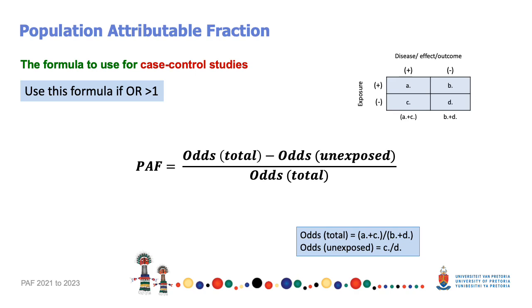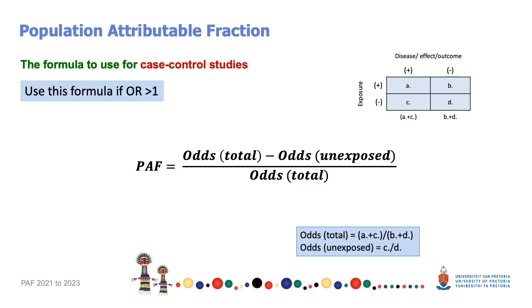Now, what do we do when we've got a case control study? Remember, we can't estimate risks or relative risks with case control data. We can only work out odds and odds ratios. So we have to use a slightly different formula. Notice the formula is very similar to the one that we used for cohort studies for the population attributable fraction, but instead of risks or incidence rates, we're now using odds.